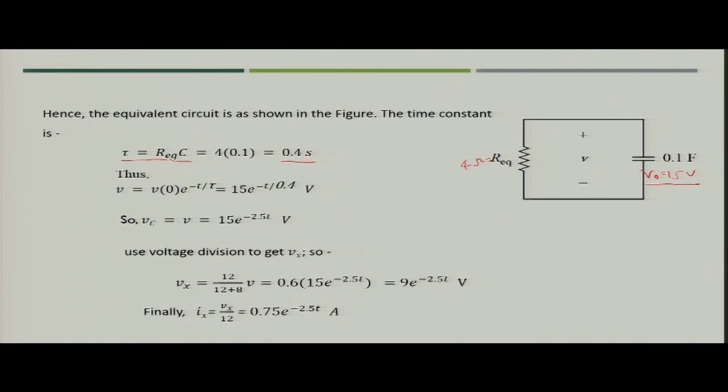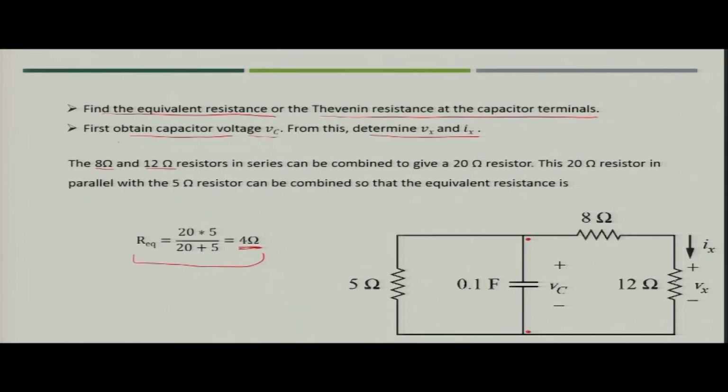Next, we can simply put the value of tau and initial voltage V naught in the equation, and we get the voltage across the capacitor at any time t as 15 into e to the power minus 2.5 t. Now, you can use voltage division to get the voltage Vx, that is the voltage across the 12 ohm resistance.